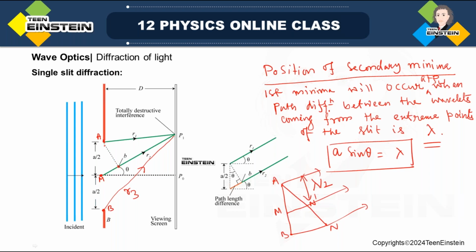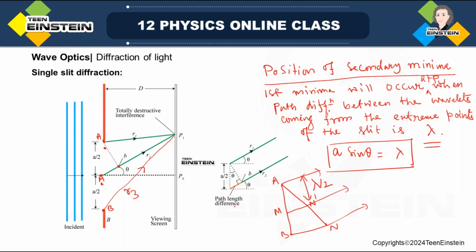But what about a point just below this top point, and the corresponding point in the lower half? This is the upper half and this is the lower half. If I take the corresponding point in the lower half also, then the path difference between these two waves will also be lambda by 2.